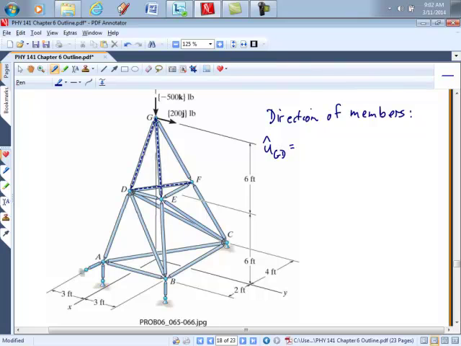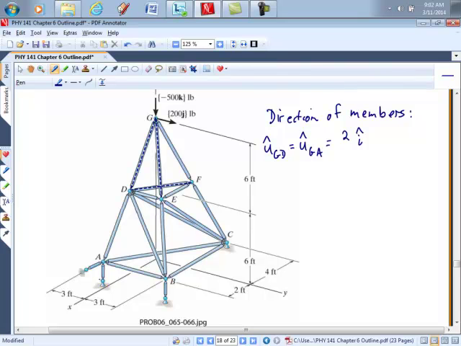So if we go from G to A, how far have we gone on the x-axis? That would be plus 2 feet. I'm just writing equals U_GA. So it'd be 2 i hat. And how far have we gone on the y-axis?